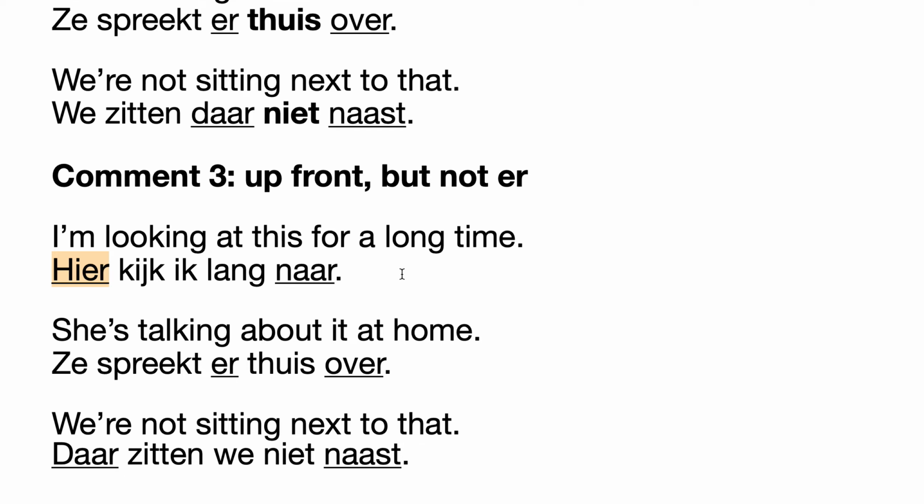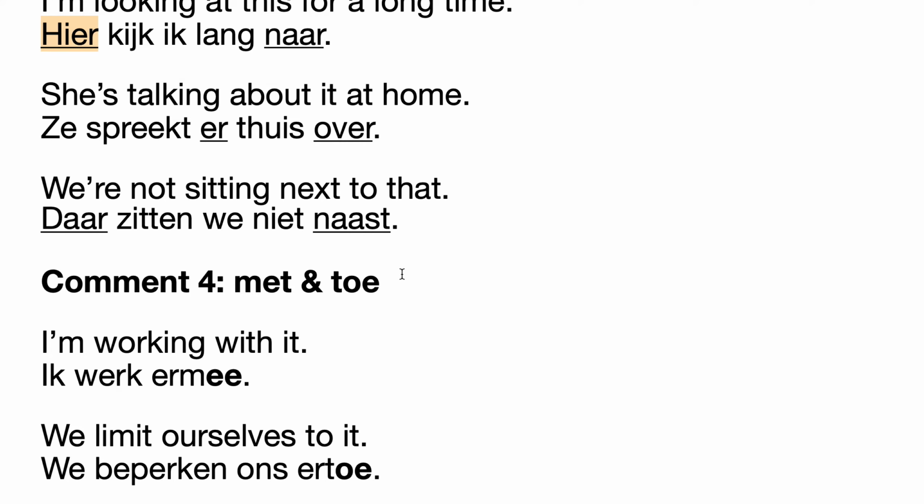So comment number 4. That's something we've seen before. Met. When you're combining met with daar, or hier, then met is going to turn into mee. Mee, with it, or with that, it would become daarmee, or with this, it becomes hiermee. And tot, I made a little mistake here, tot becomes toe.